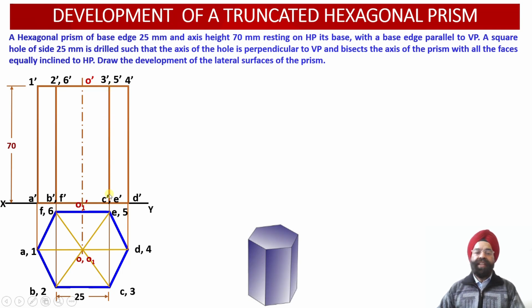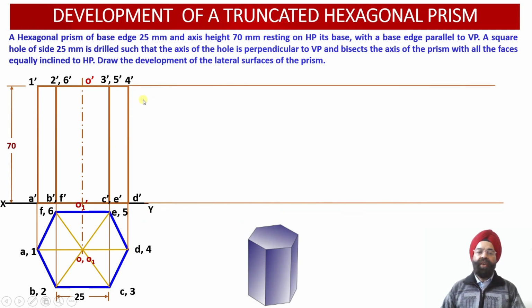They overlap or superimpose the dotted line projections corresponding to the vertical edge 5 dash E dash. So that is why we are not able to observe any hidden line projections in the elevation view over here.